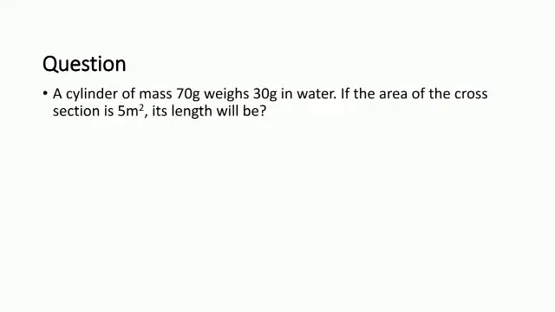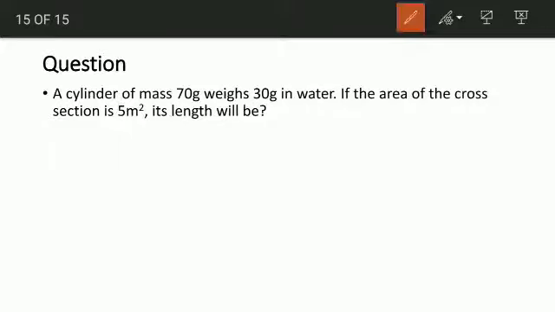Okay. Now here we have a cylinder of mass 70 grams, weighs 30 grams in water. Now if the area of the cross section is 5 meters squared, its length would be, okay, from here, if it weighs 70 grams in air, that can give us the mass.